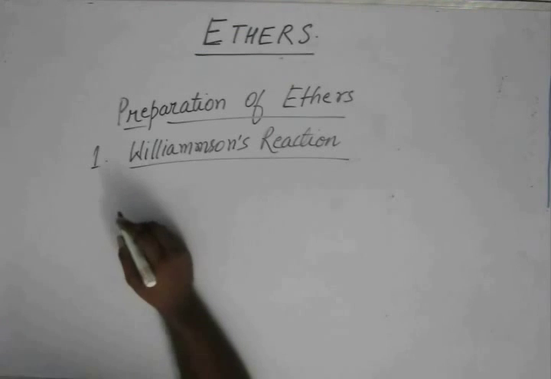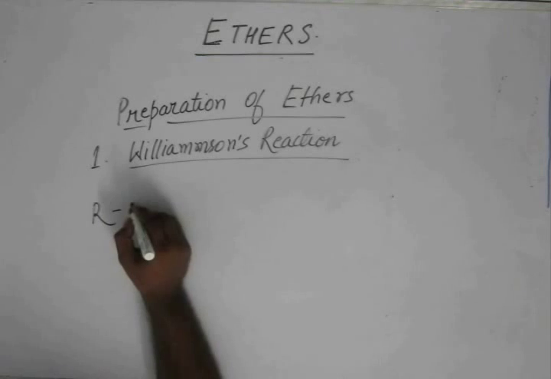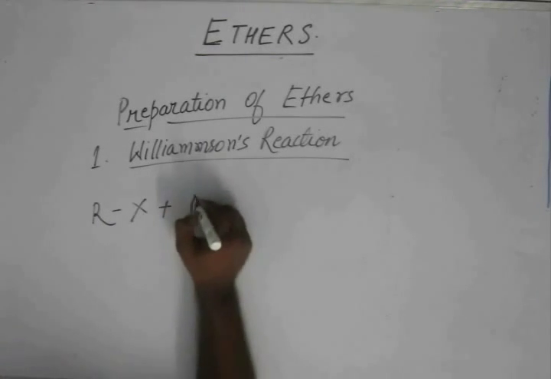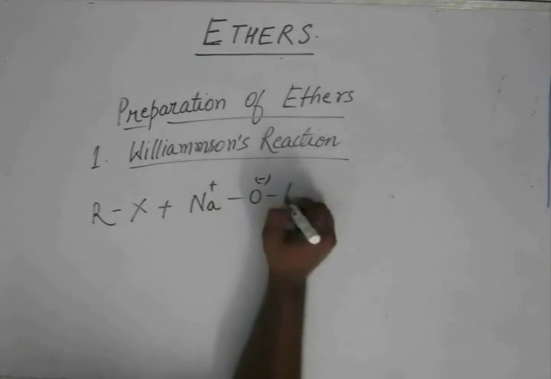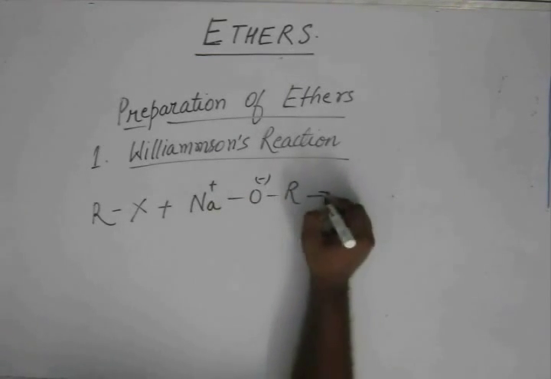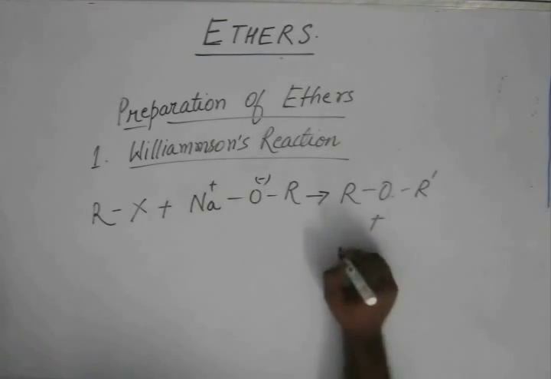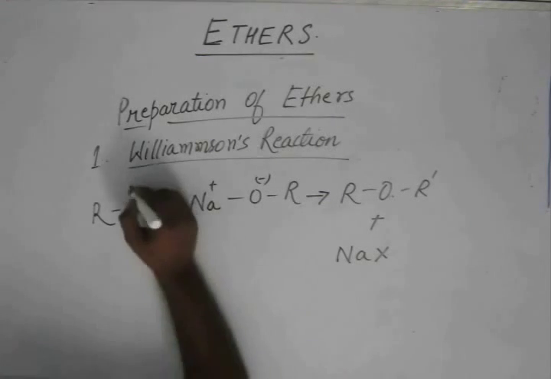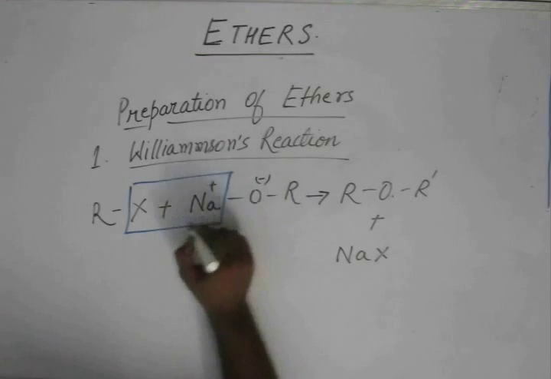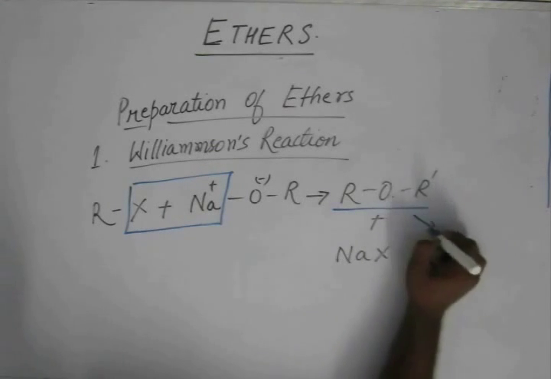Right, so let me write down the general reaction of Williamson's. You can visualize this reaction as NaX is removed and this RO minus and this R plus are attached to form the ether.